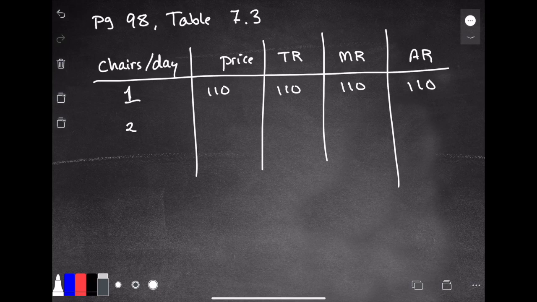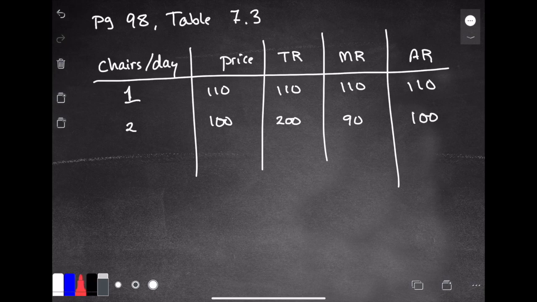If you sold 2 chairs per day, then your price would be decreased to 100. This means your total revenue, which is just price times quantity, would be $200. And this means your marginal revenue from selling the second chair is only 90, and your average revenue is 100.